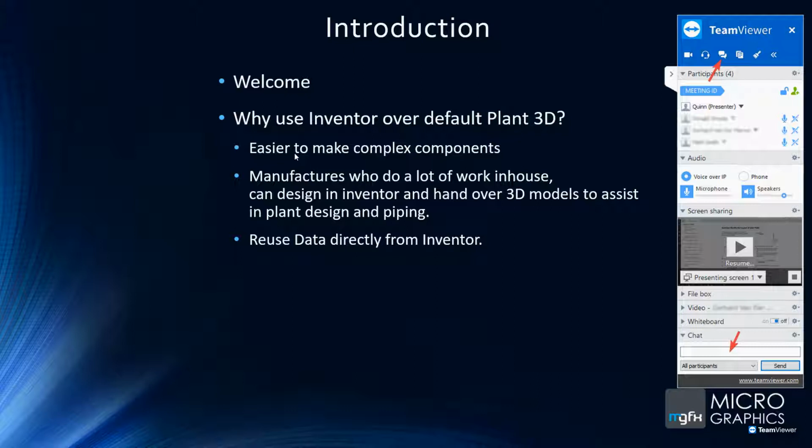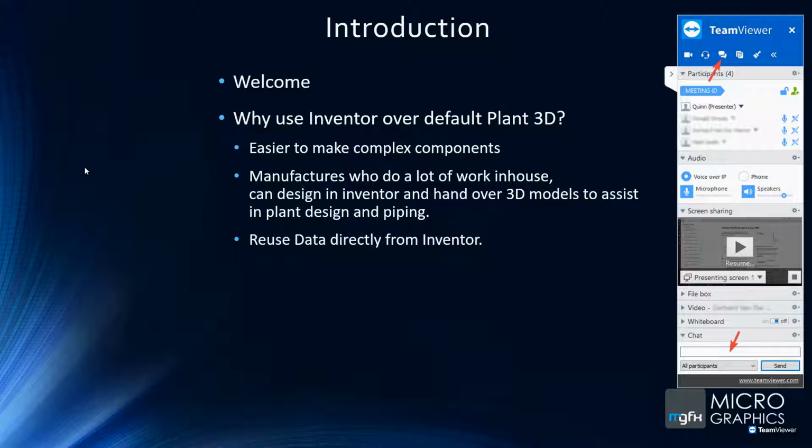So even if you are a fantastic modeler in Plant 3D, or you can use the object creation tools, you've probably realized that it can be a little bit difficult to get exactly what you want. And you're very limited in some cases by either your own skill sets or otherwise how to get the orientation of your parts correct. There's a lot that goes into it. And if you've ever tried it, you probably understand exactly what I mean.